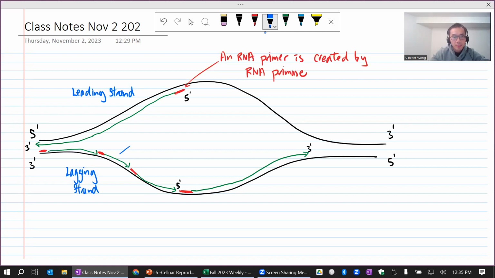Does anybody remember the names of these fragments? You probably have it written down from last class. These are the Okazaki fragments.